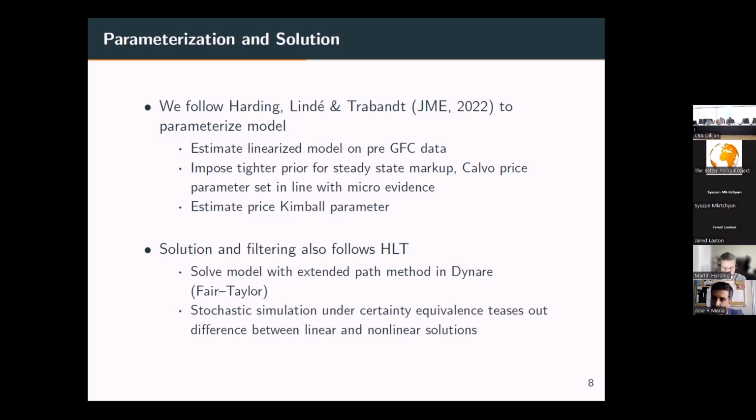So it is still a computational challenge to estimate the fully nonlinear model. But you are of course right. If we could do that, that would be the best way to do it. And we're working on that.